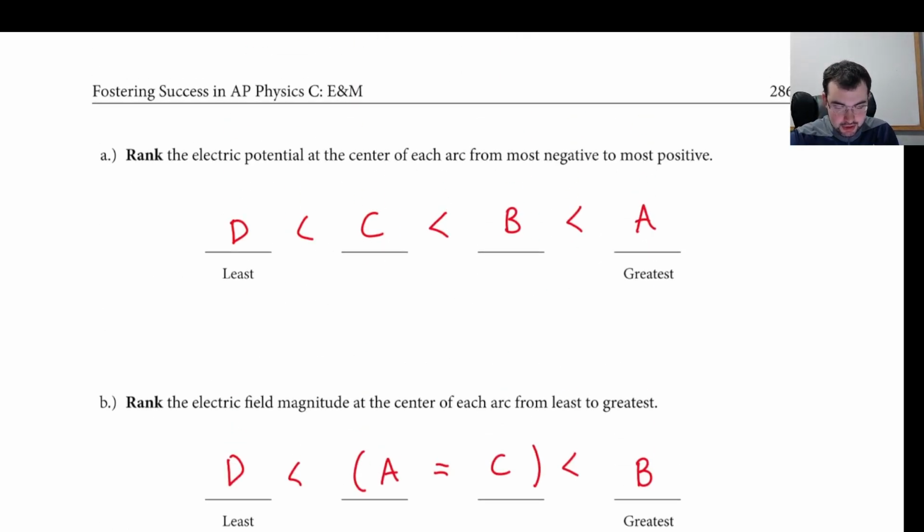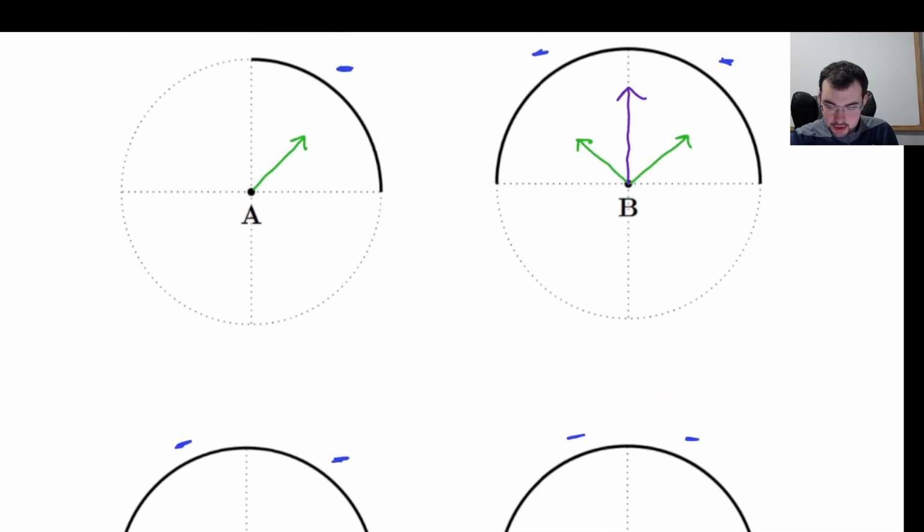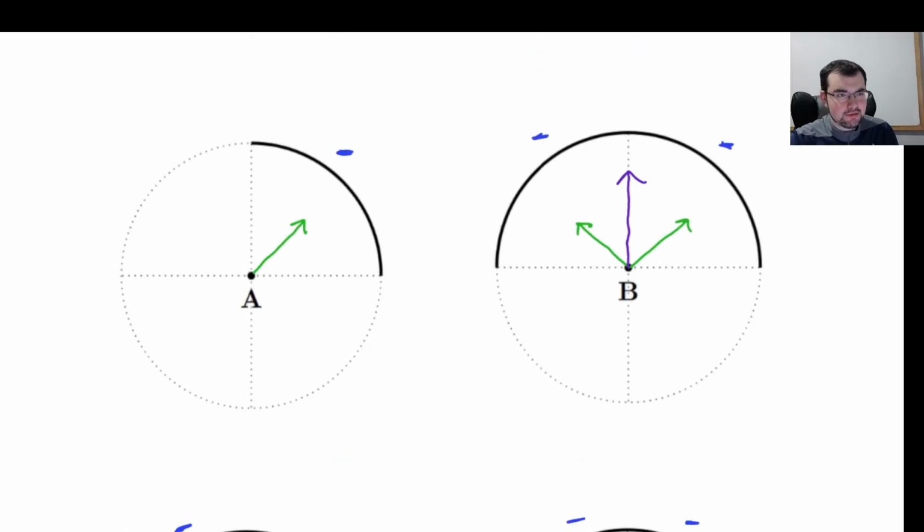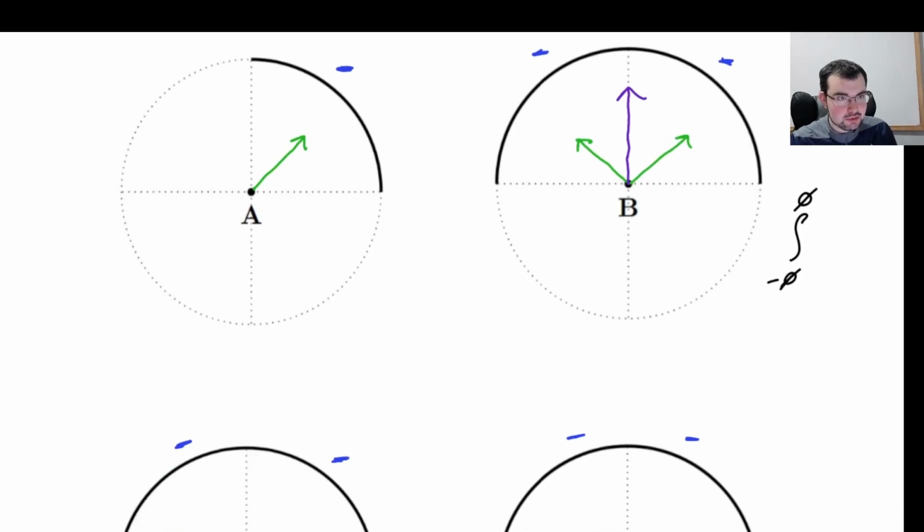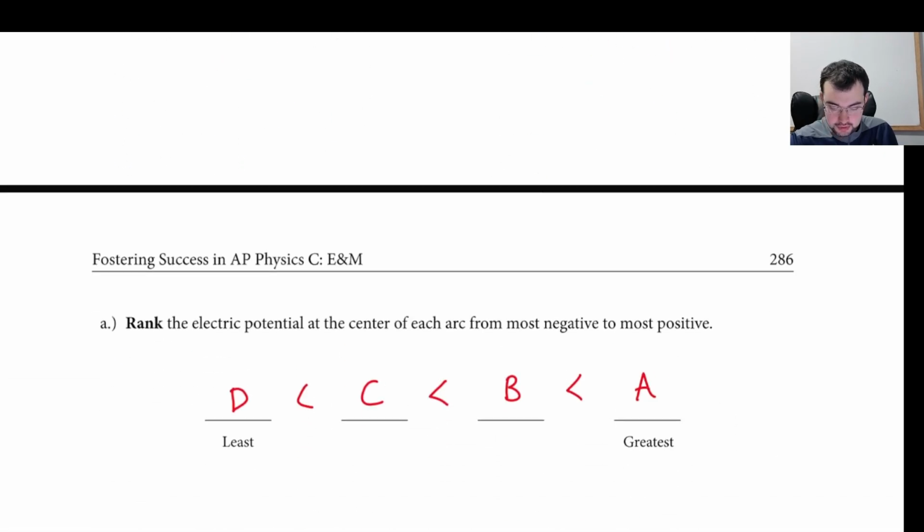So the semicircle is your strongest possible arc. You can actually work this out analytically if you're not totally sold on this fact that this, even though there is some slight cancellation happening, is still going to be longer than this. If you do this in general and integrate our previous result from negative phi to positive phi, you'll see that this works out. You get the greatest field when it is a semicircle.